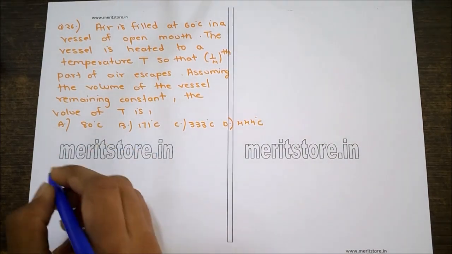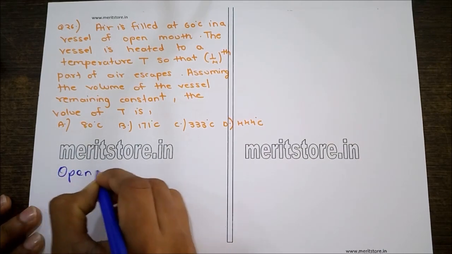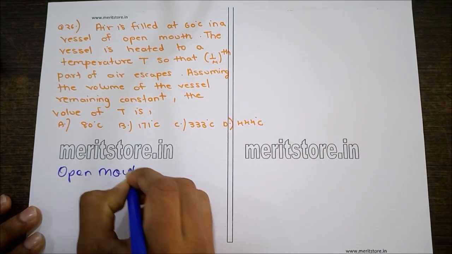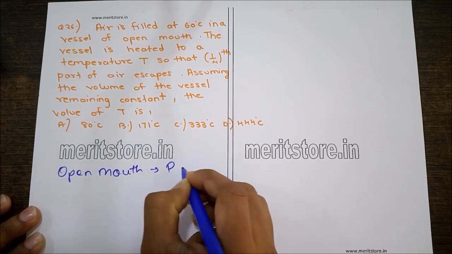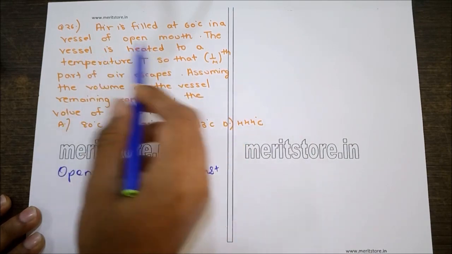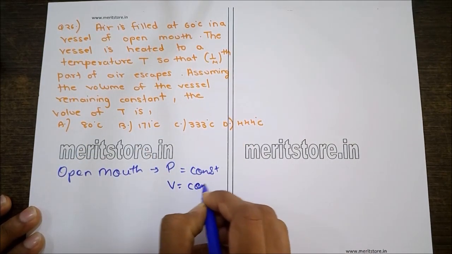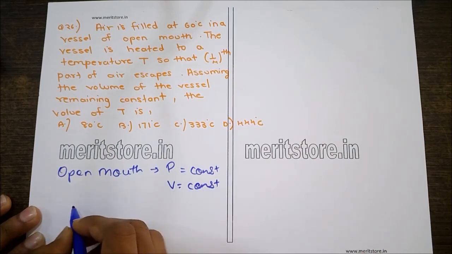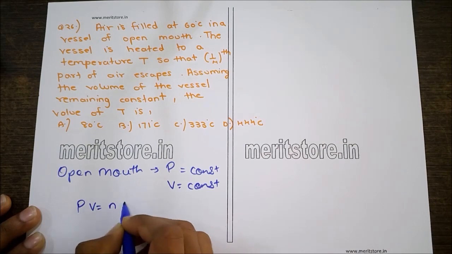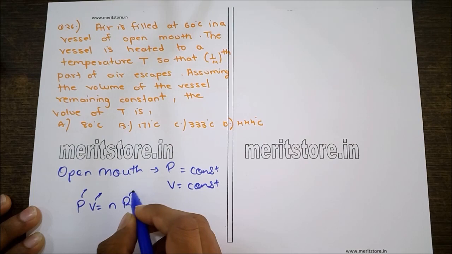Now since the vessel is given to be open mouth, the pressure is constant, and it's also given that the volume of the vessel remains constant, so V is also constant. So in the ideal gas relation, PV is equal to nRT. P is constant, V is constant, R is anyways a gas constant.